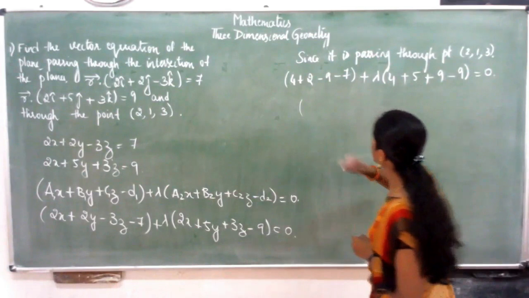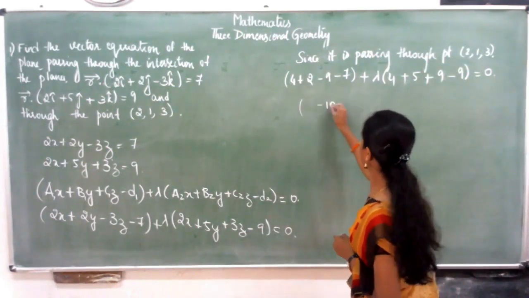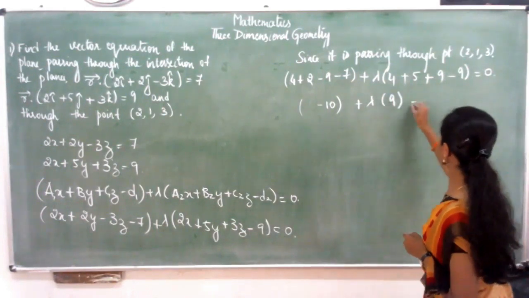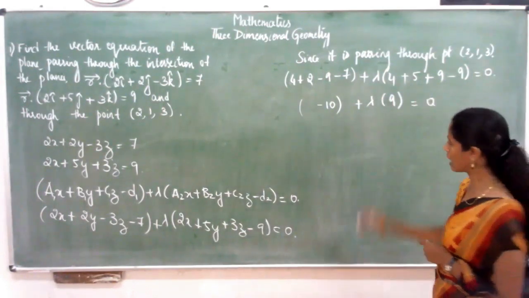Therefore you have minus 3 minus 7 minus 10 plus lambda times 9 is equal to 0. Let us find the lambda.